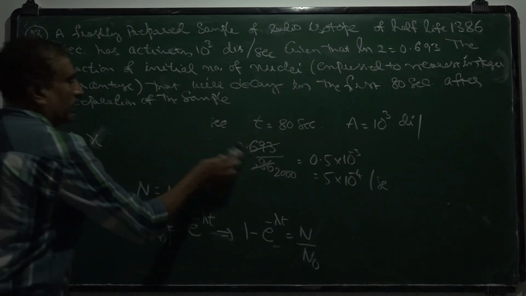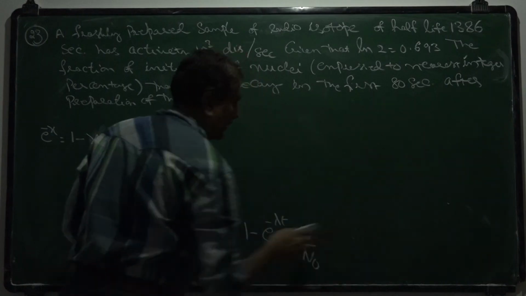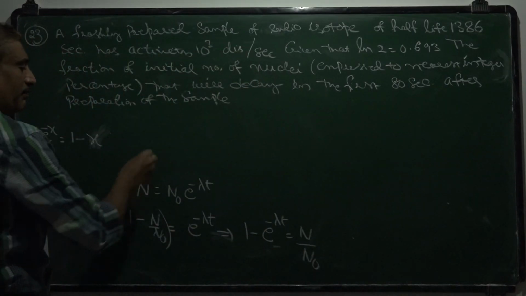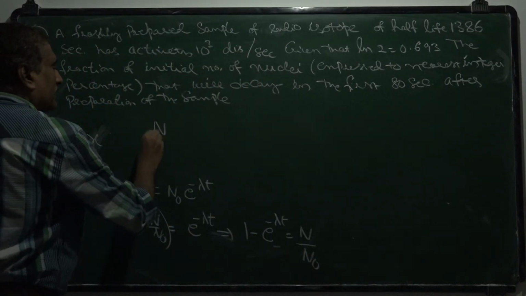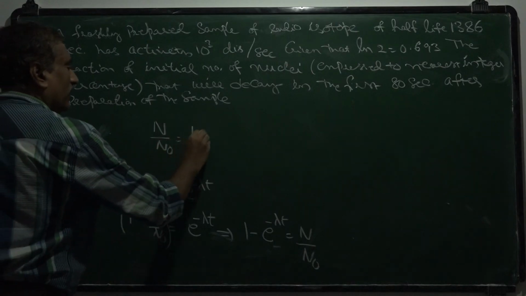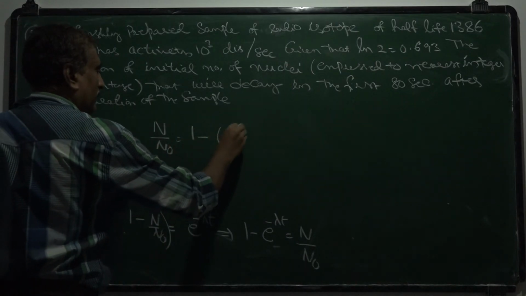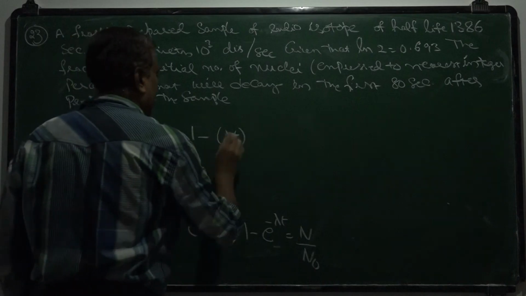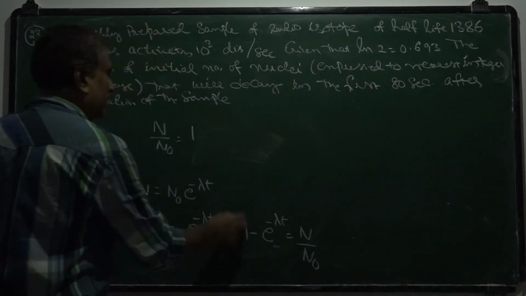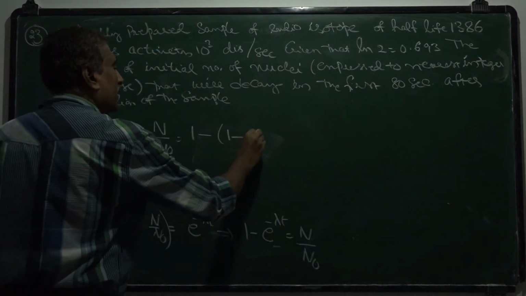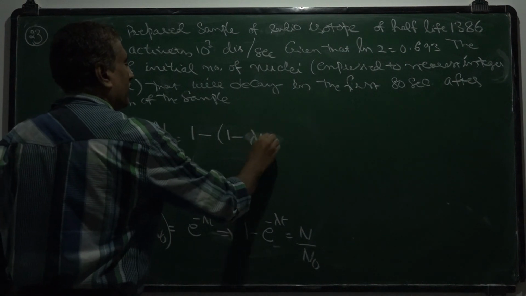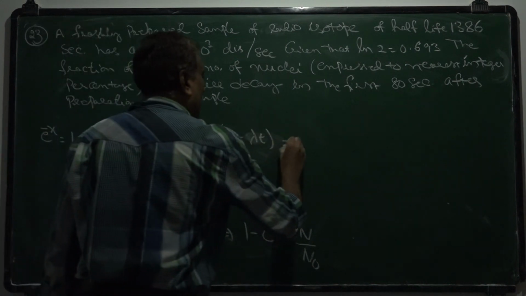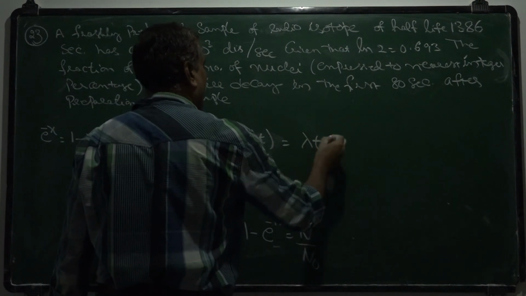So the fraction decayed is 1 minus of 1 minus lambda t, which equals lambda t.